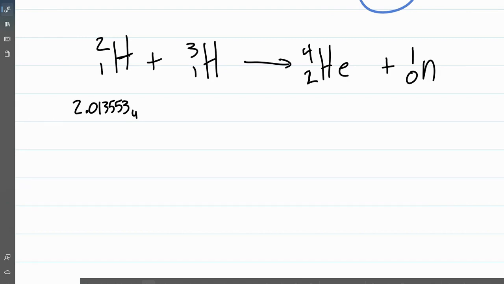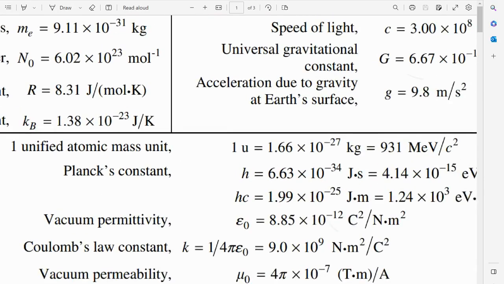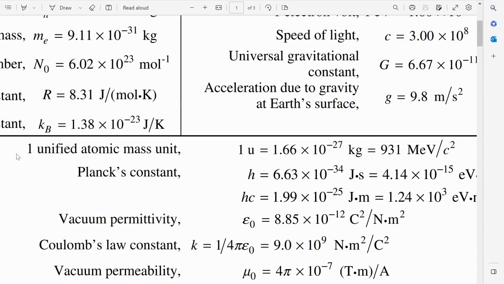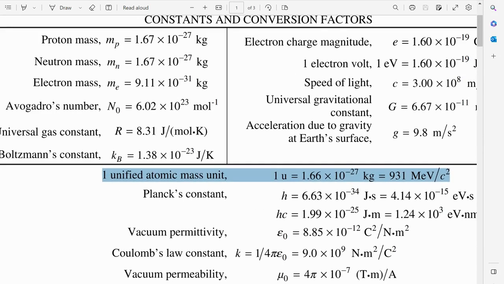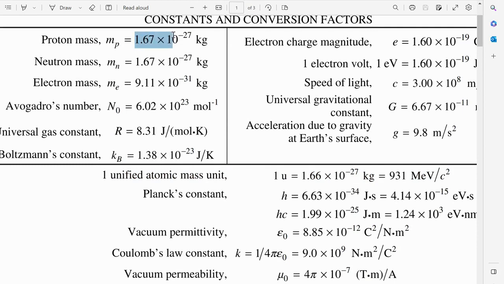This U right here is a unit of mass. If you look at your AP equation sheet, I'll flip over there real fast. This U, we can see this right here, one unified atomic mass unit. It gives us what a U is in terms of kilograms. You'll notice that that is very, very close to what a proton is in kilograms and a neutron.